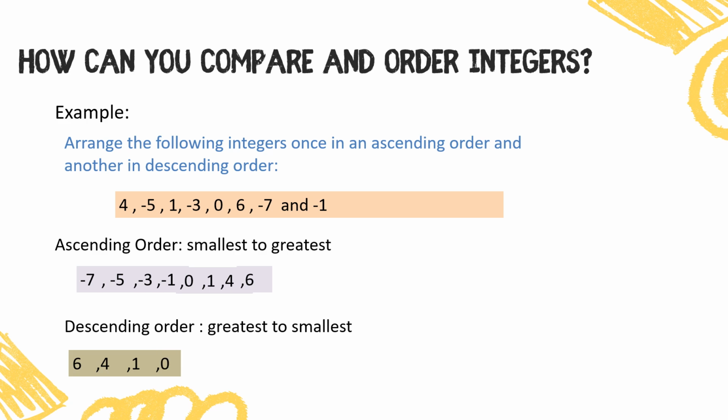Excellent. Then what? 0. Very good. Then what? Minus 1. Very good. Then what? Minus 3. Very good. Then what? Minus 5. Excellent, my champions.